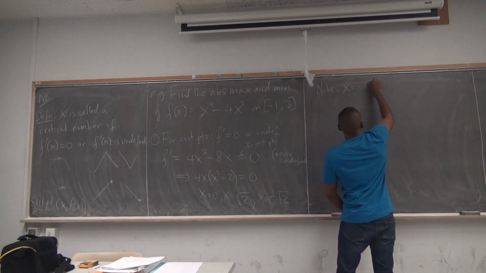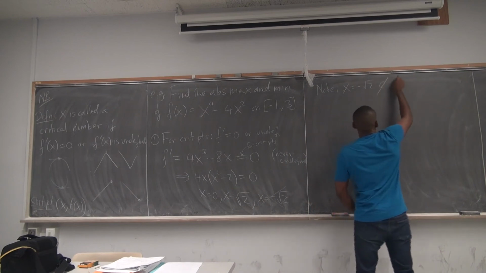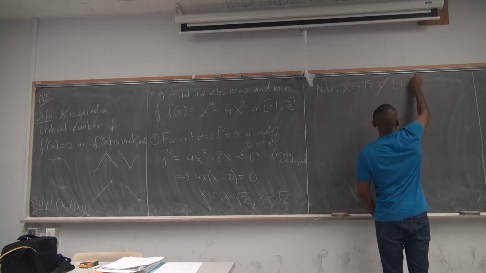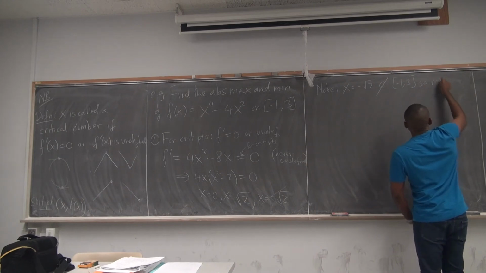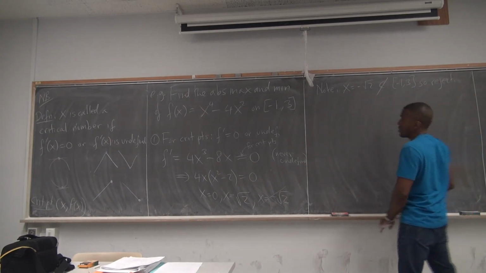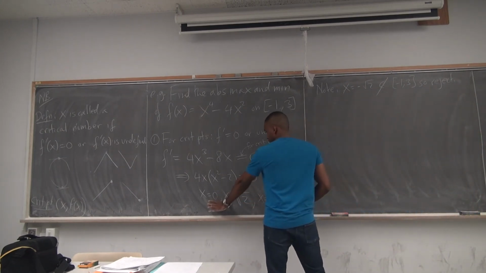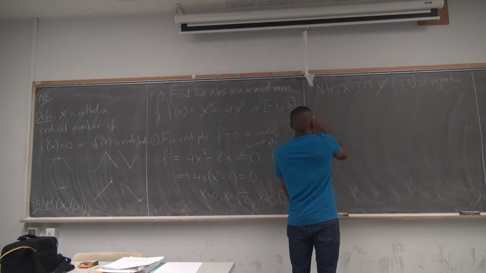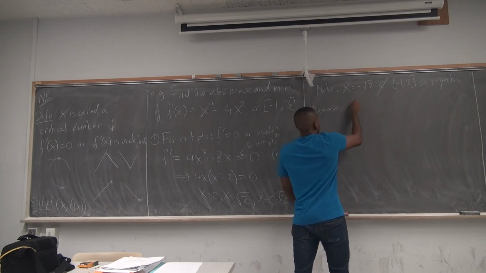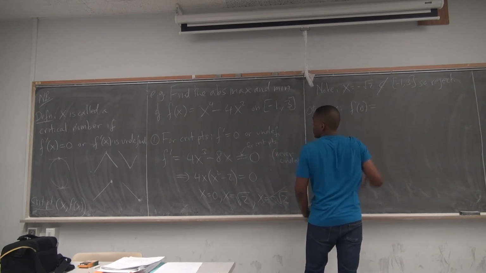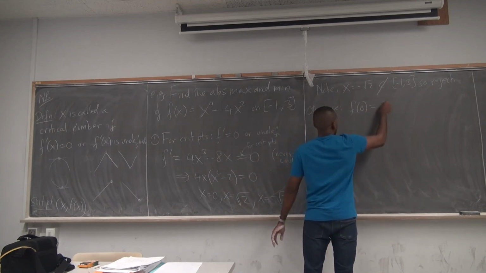Note, x equals minus radical 2 is not in the interval minus 1 to 3, so reject. Otherwise, what we're going to do is find f evaluated at these values. Find f of 0, which is going to be 0.